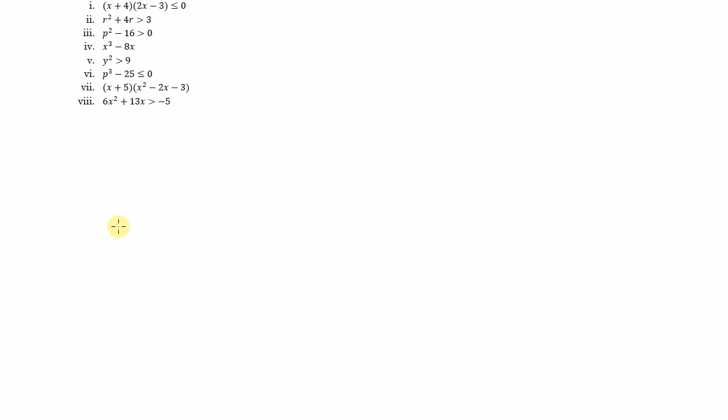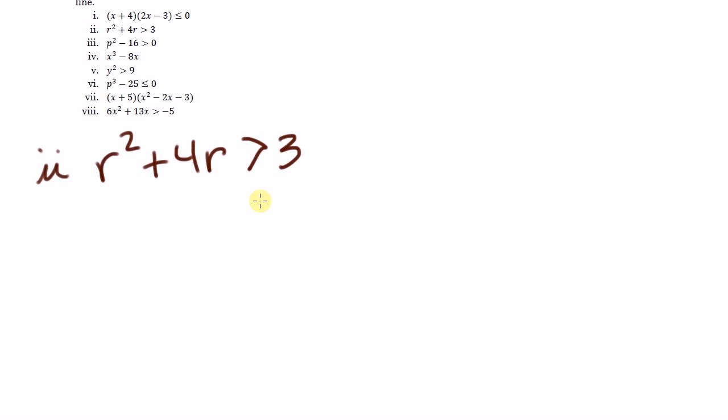Okay. The next one is r squared plus 4r is less than 3. I do want to point something out. There's a time to graph and there's a time to do it algebraically. A lot of the times, especially in these lower level classes, you can graph because all of the stuff works out nice.